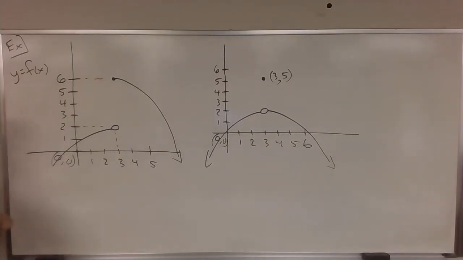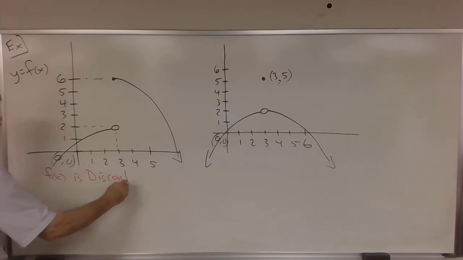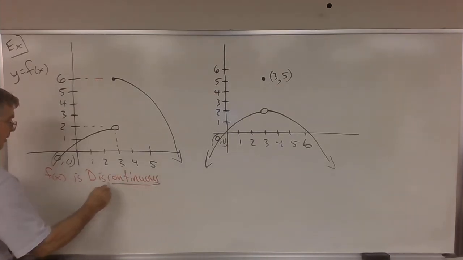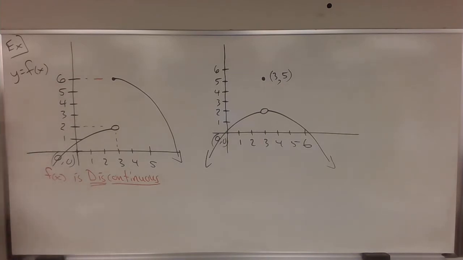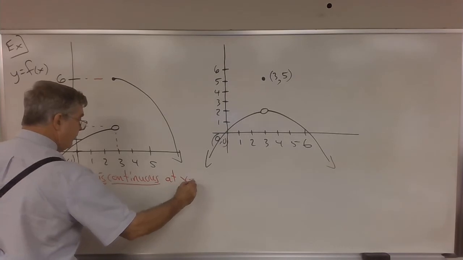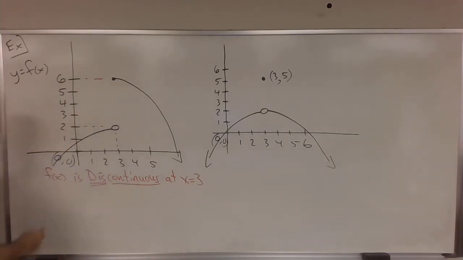So, f of x is discontinuous. And we'll say it's discontinuous at x equal 3 because that's where the break occurs. And we have to give our reasons.